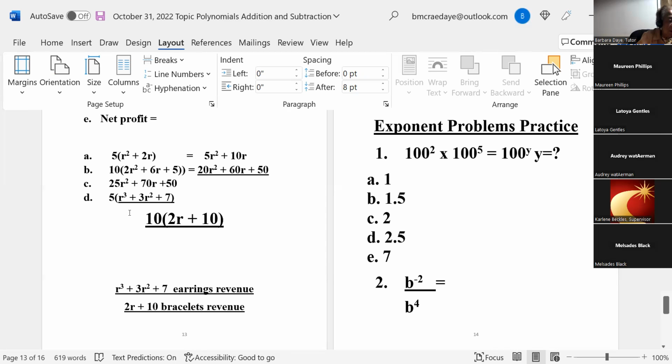What do you get for the first one, Maureen? What do you get for 5 times that expression? That's 35. Multiply the coefficients. So what do you get?